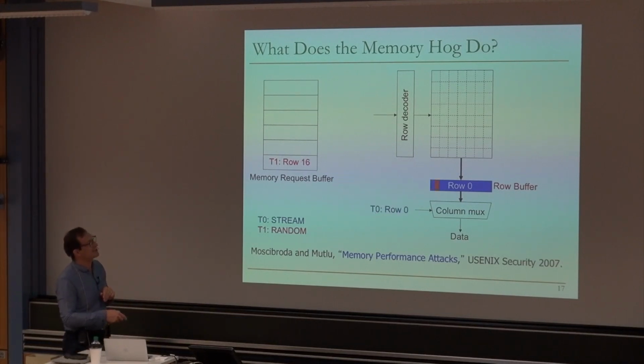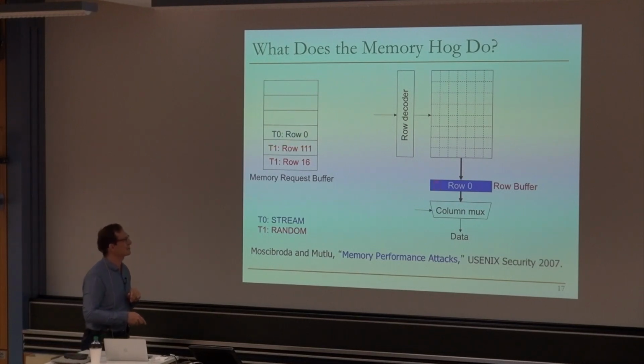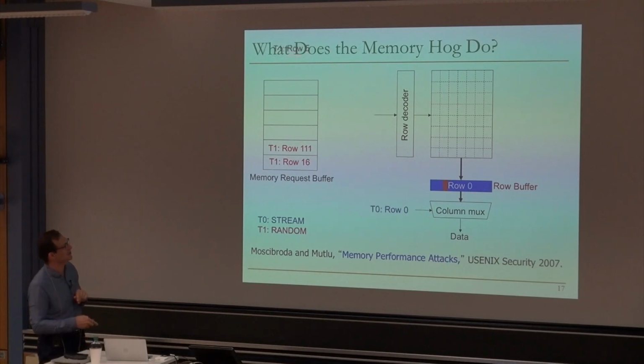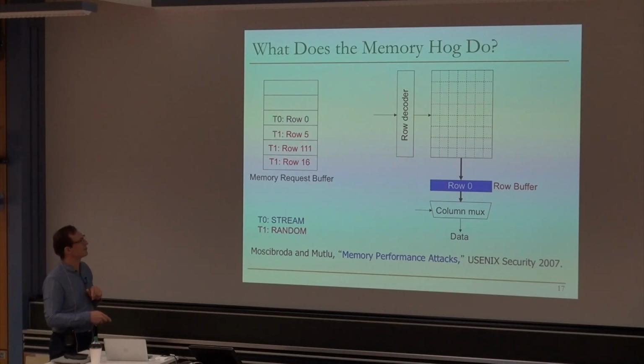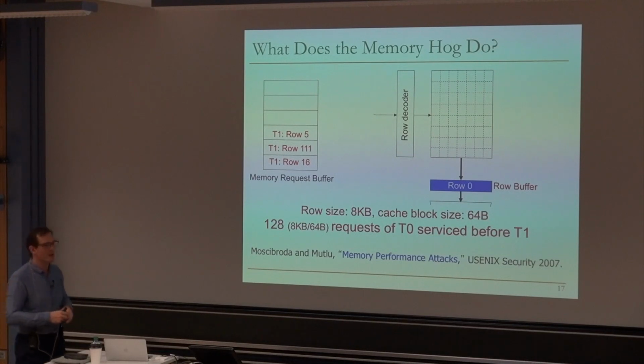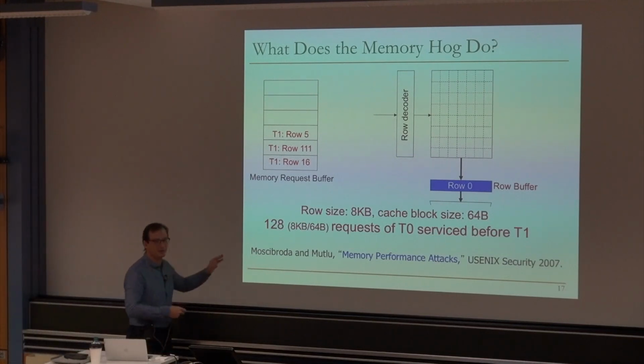It basically prioritizes the request that hits in the row buffer. The streaming application keeps accessing the same row over and over, whereas the random access application doesn't access the same row. But the streaming application essentially hogs the bank because the memory controller prioritizes requests that hit in the row buffer. And this can go on for a long time, depending on your memory controller and depending on the policies.